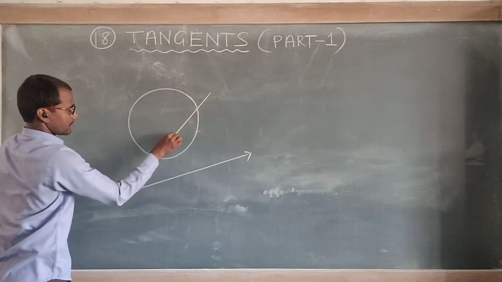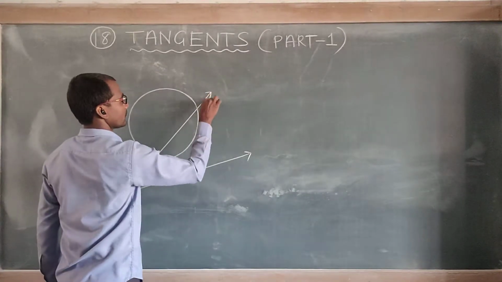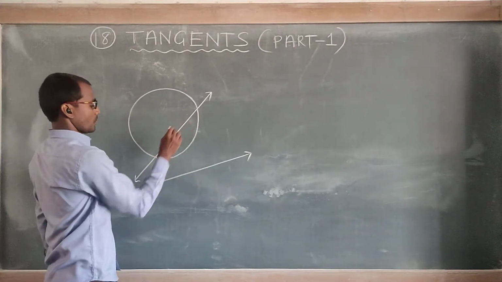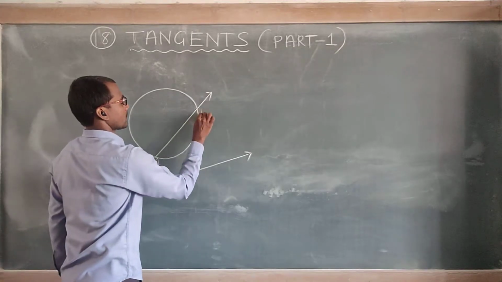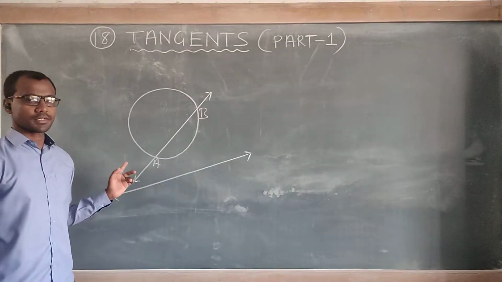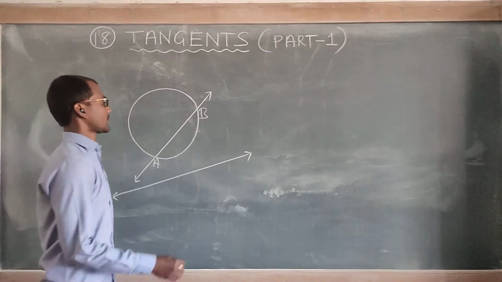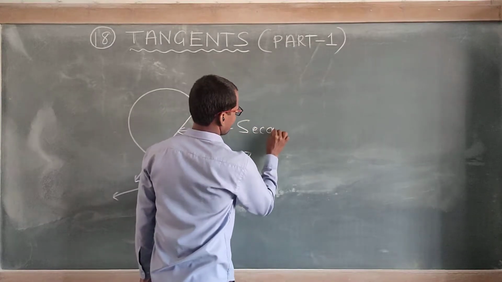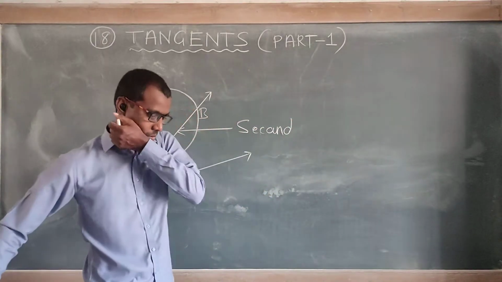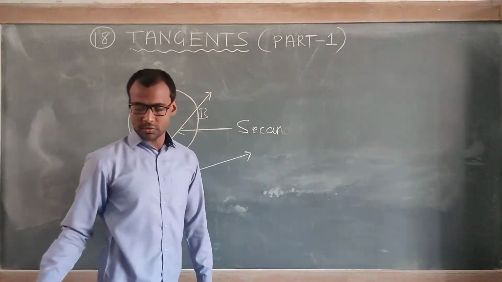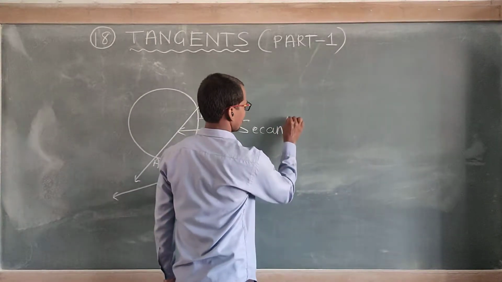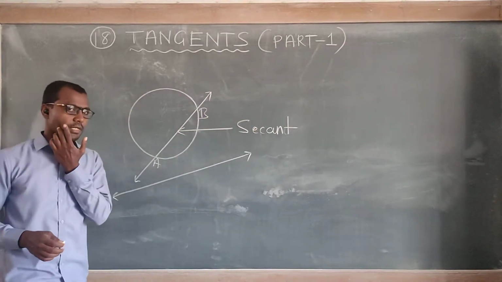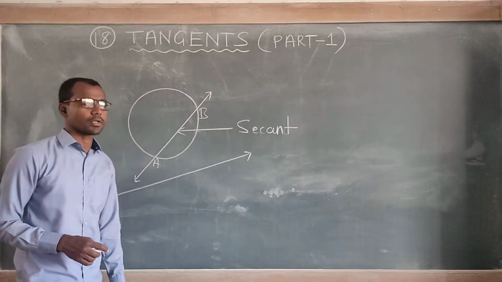There can be another line which will intersect the circle at 2 points. This is A, suppose, and this is B. This line is intersecting the circle at 2 points. Such a line is called a secant. So when a line intersects or cuts a circle, it is called a secant.